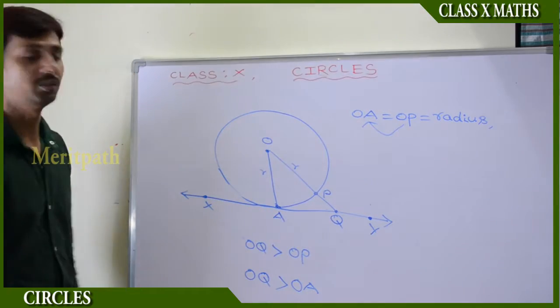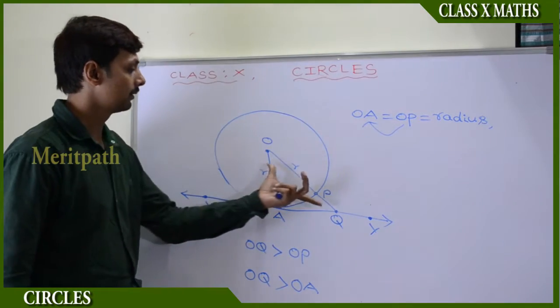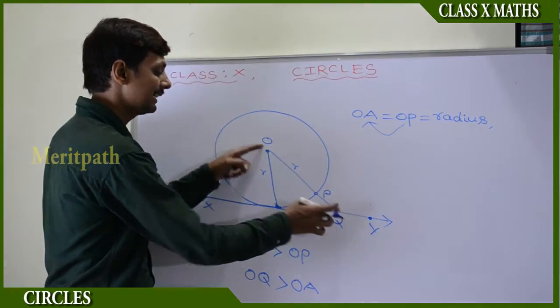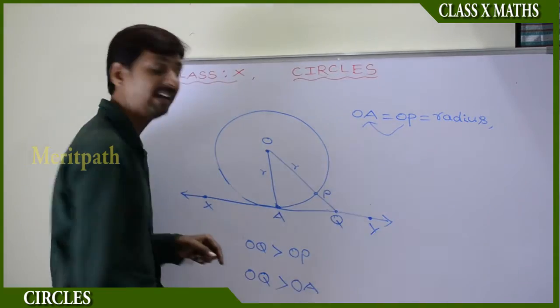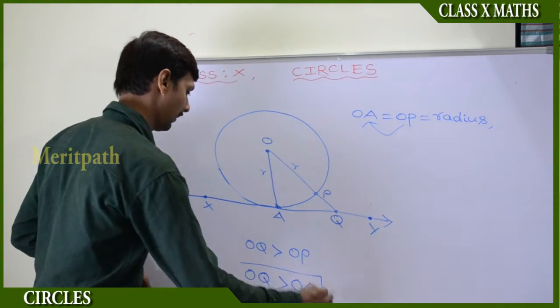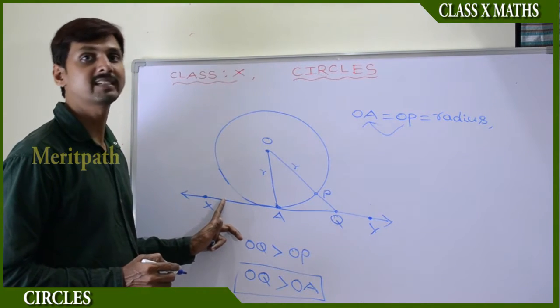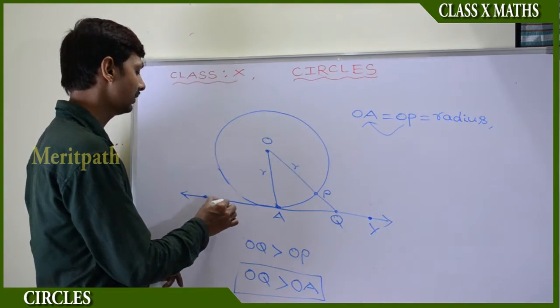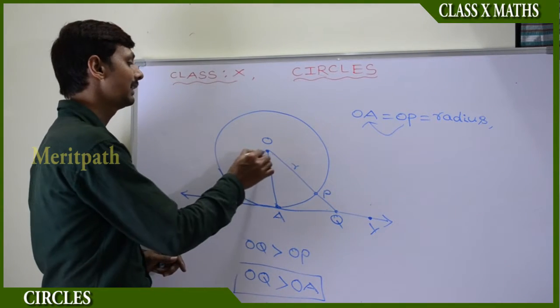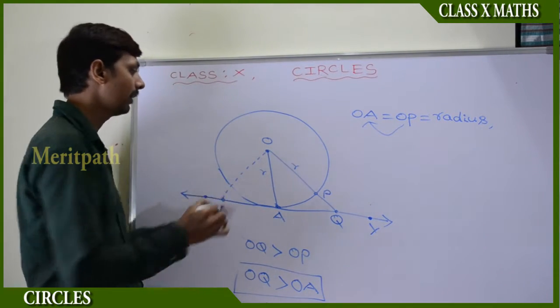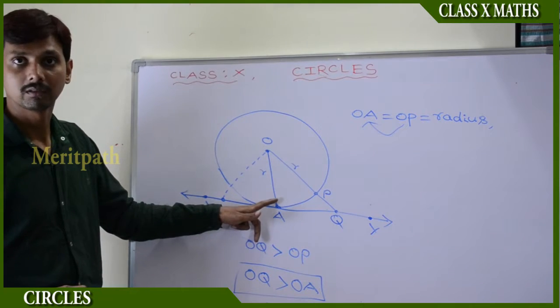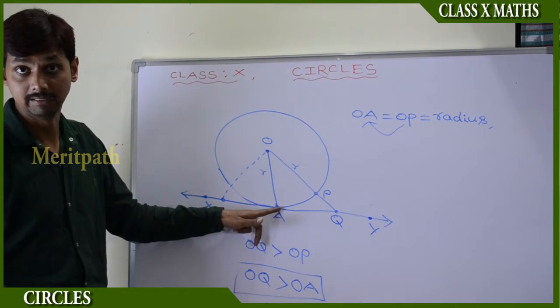So we understood here OQ is always greater than OA. And when we take any point outside of the circle, which is on the tangent, its distance from O is always greater than the distance from O to A.